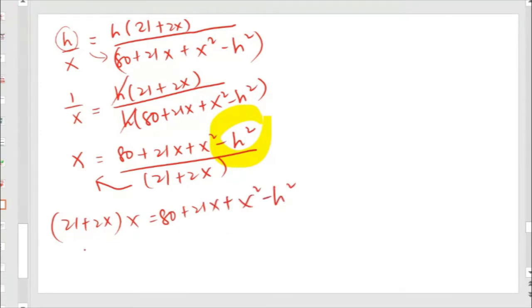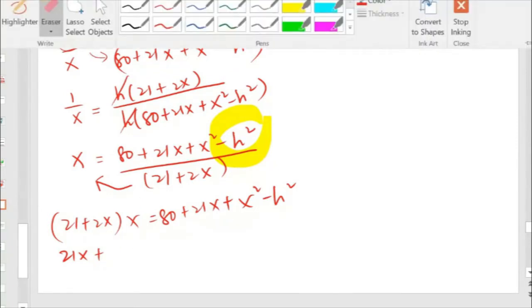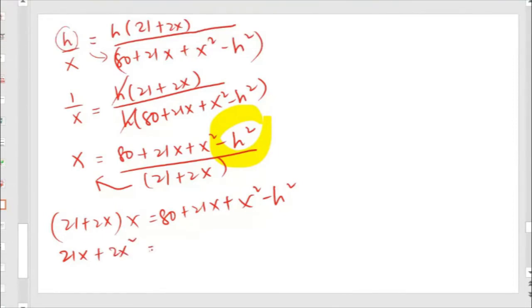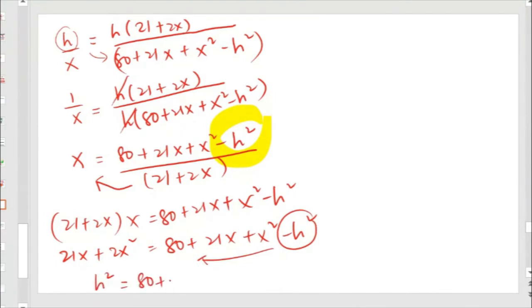When you move it, has to be careful. 21s plus 2x squared, sorry, 2x squared equal to 80 plus 21x plus x squared minus h squared. So I want h squared only, so h can move to the left hand side. So it becomes h squared equal to 80 plus 21x plus x squared. Then this move to the right hand side, minus 2x squared minus 21x.